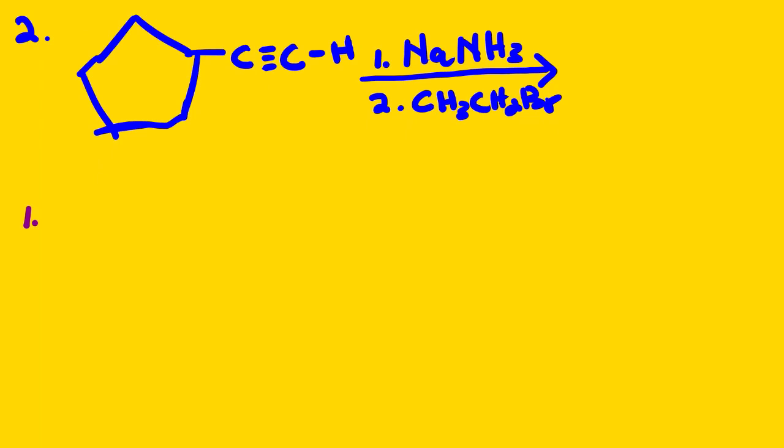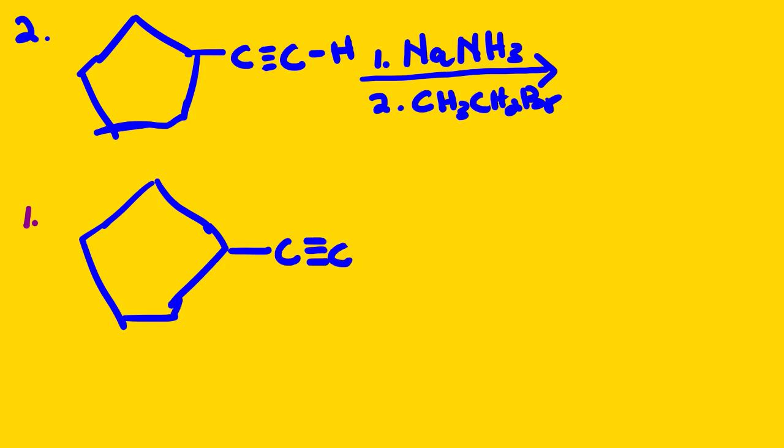What happens is that this base will extract this acidic proton to form an alkynide ion, with our sodium ion.